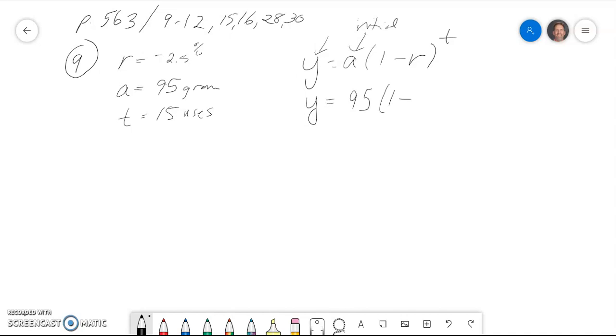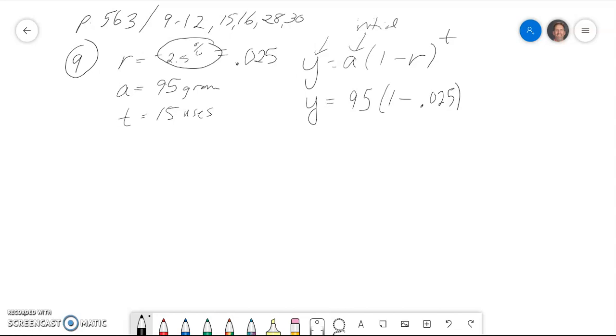Now this is where you always got to be super careful. If it says 2.5%, r actually has to be in a non-percent rate. So in other words, we know that 2.5% is really 0.025, not 2.5.